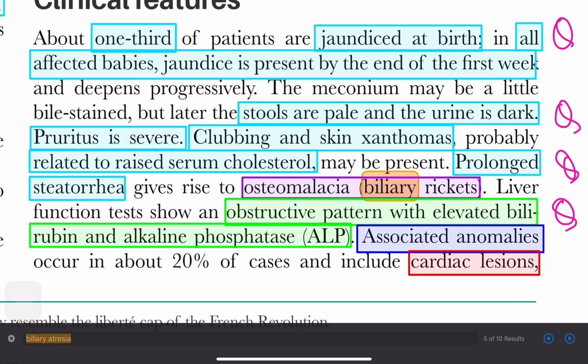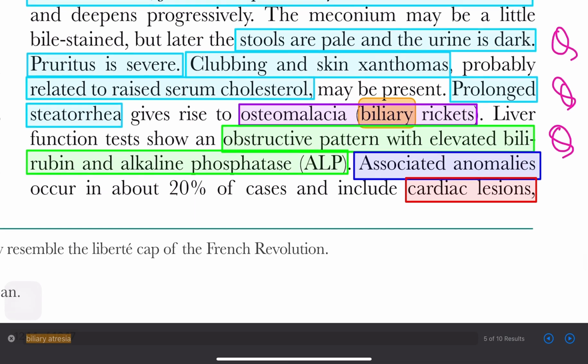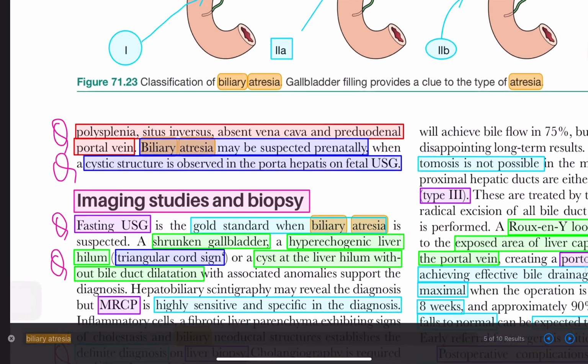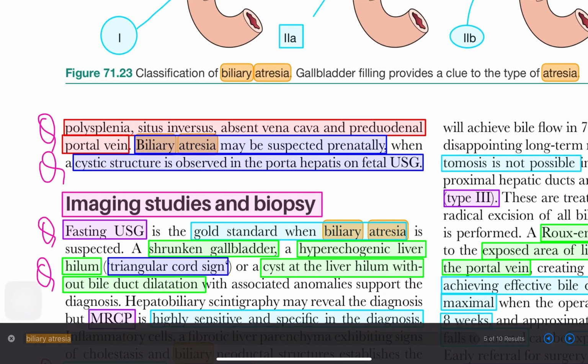In LFT you will see an obstructive pattern of elevated bilirubin and ALP. Associated abnormalities include cardiac lesion, polysplenia, situs inversus, absent vena cava and pre-duodenal portal vein.